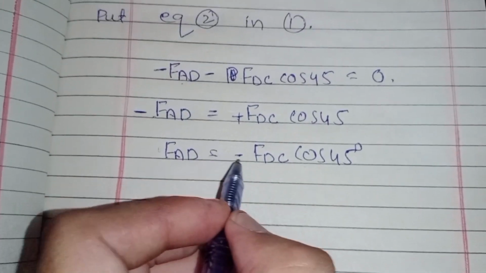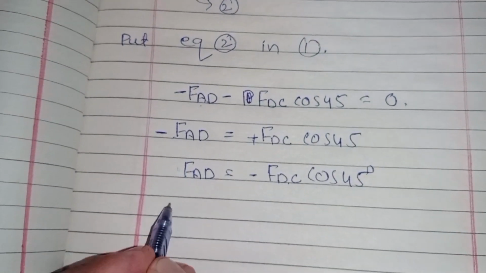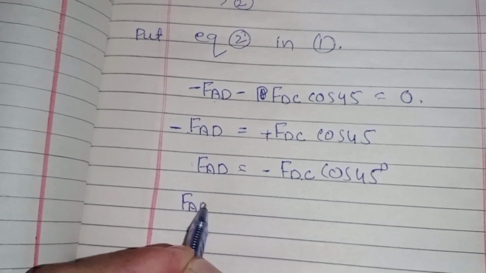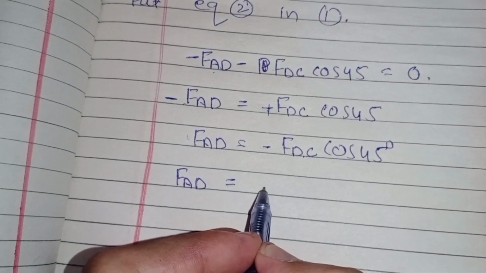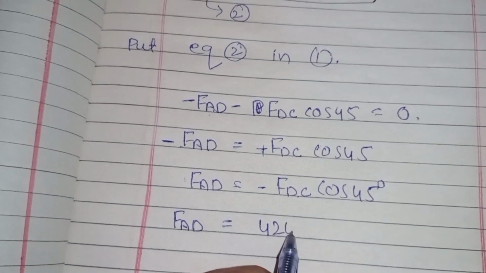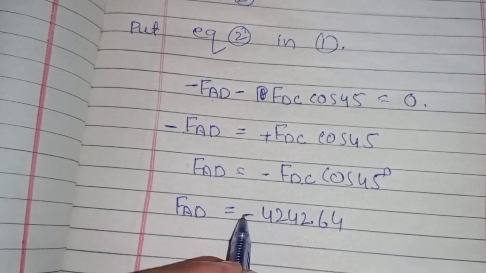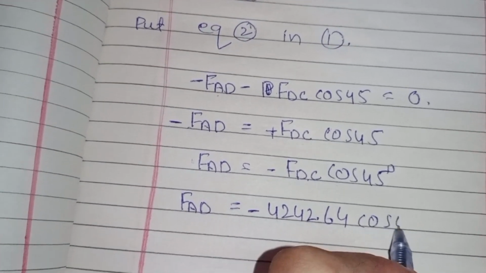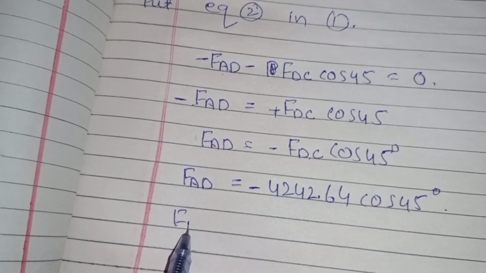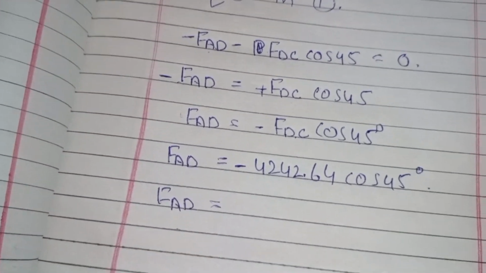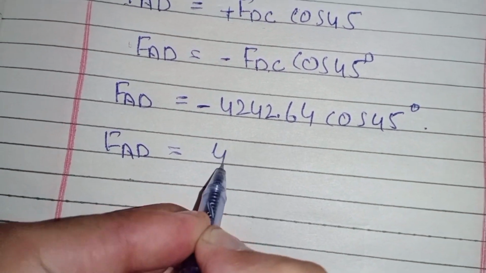So at place of FDC I put the value, FAD equal to negative 4242.64 cos 45.